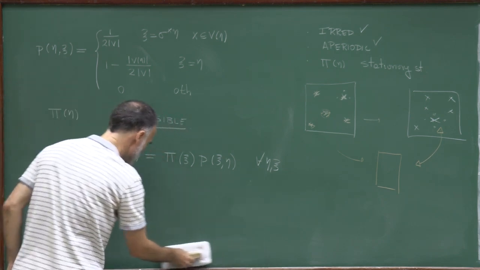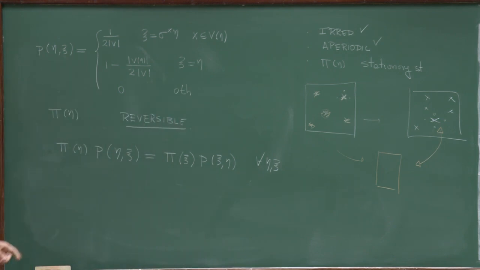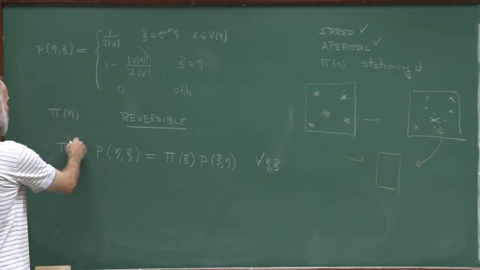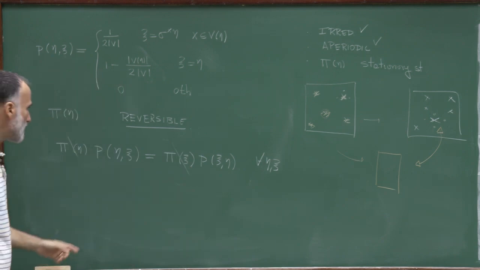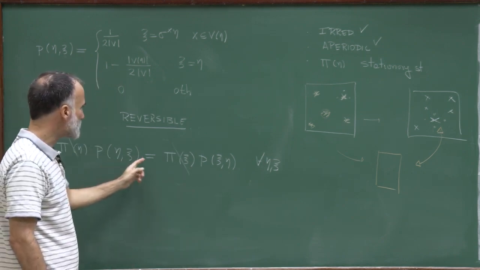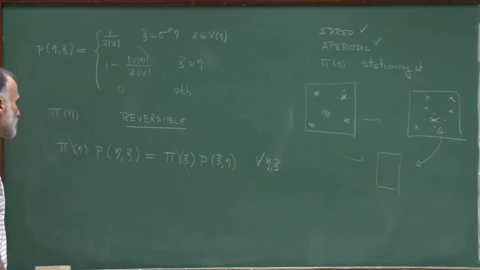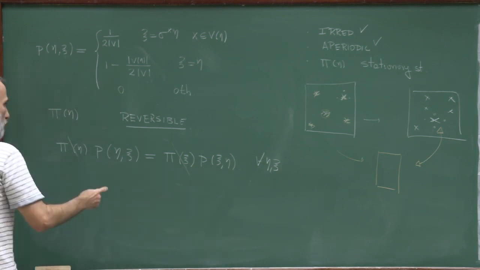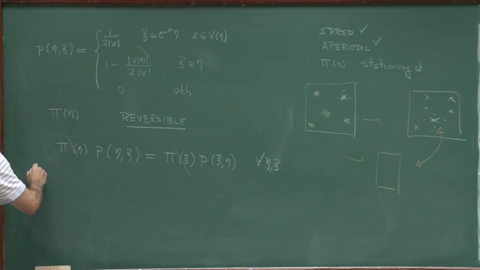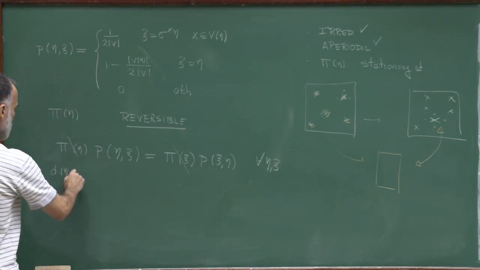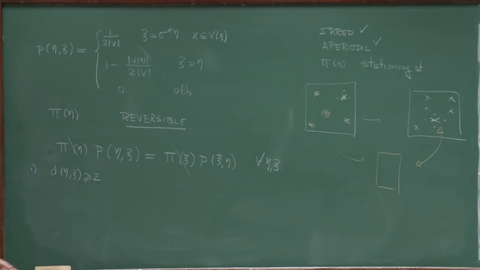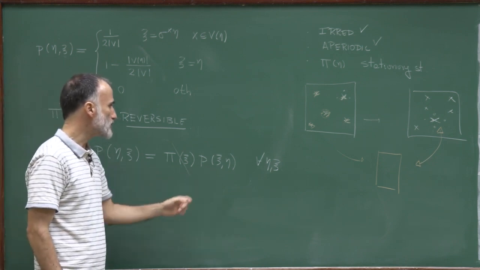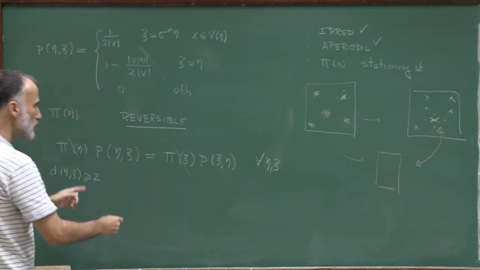And then my second claim is that the uniform measure is reversible for this transition. Since pi is the uniform measure, pi of eta is equal to pi of psi. And what I need to show is that p of eta psi is equal to p of psi eta. First, if the distance between eta and psi is larger or equal to 2, this probability is 0, that probability is 0, and therefore this identity holds.